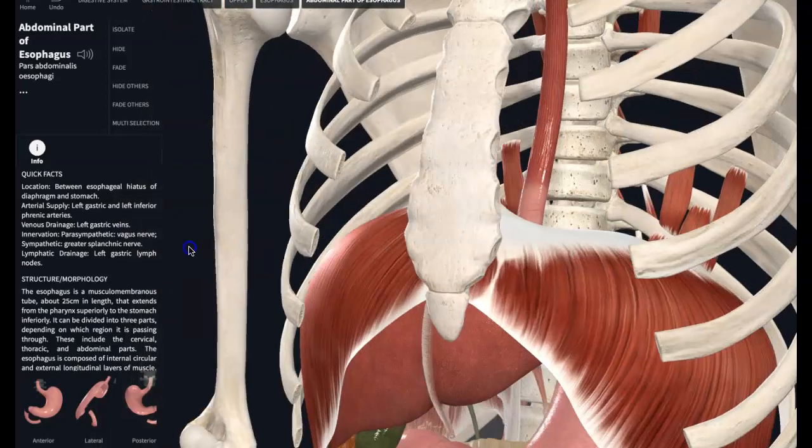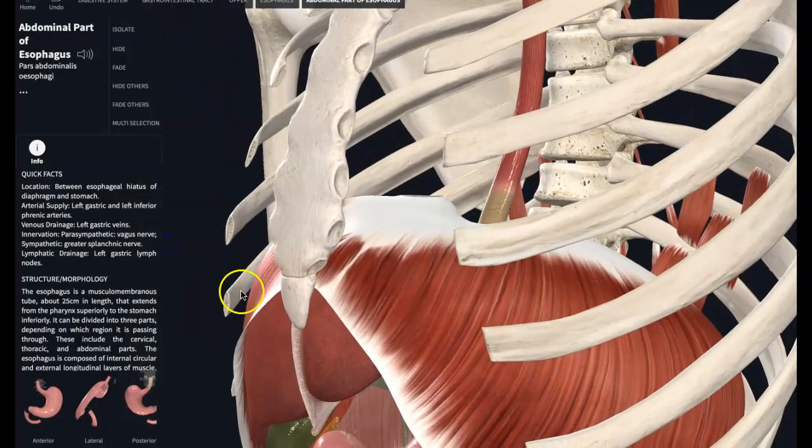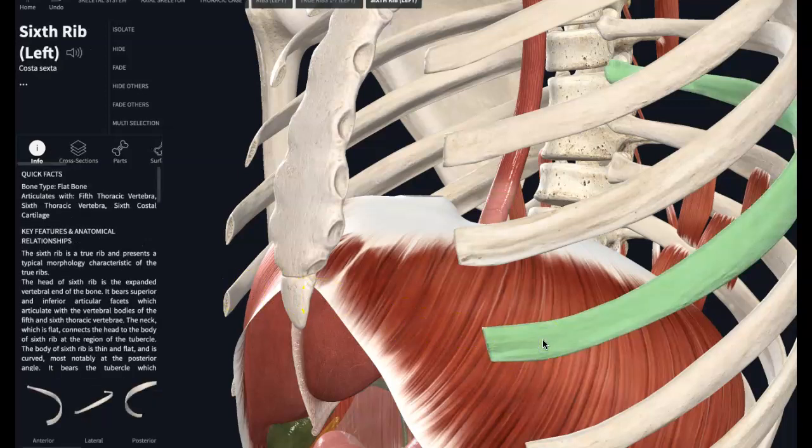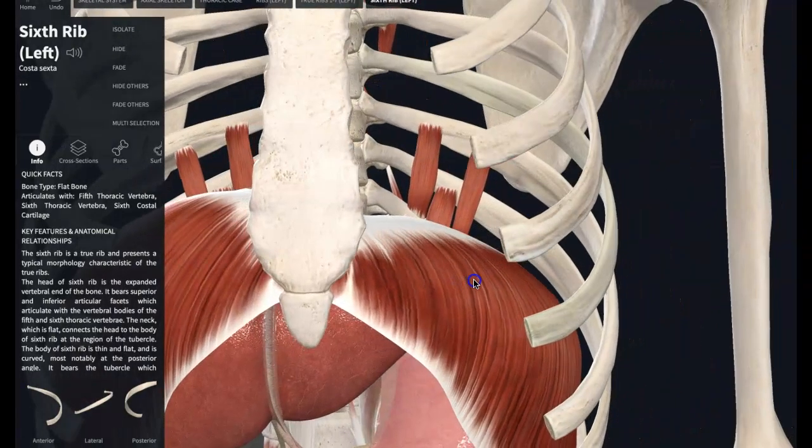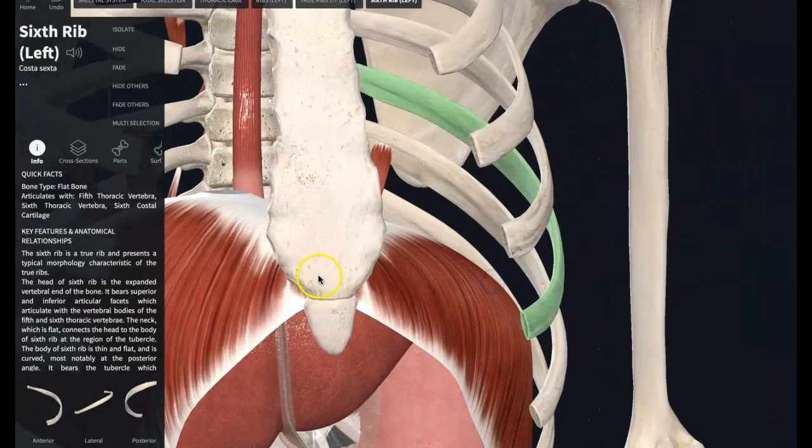And it's hard to see from here, but that esophageal hiatus is approximately level with the 6th costal cartilage. So here's where that cartilage would come across, that 6th costal cartilage. It's approximately 2 to 3 centimeters left of the midline of the body.